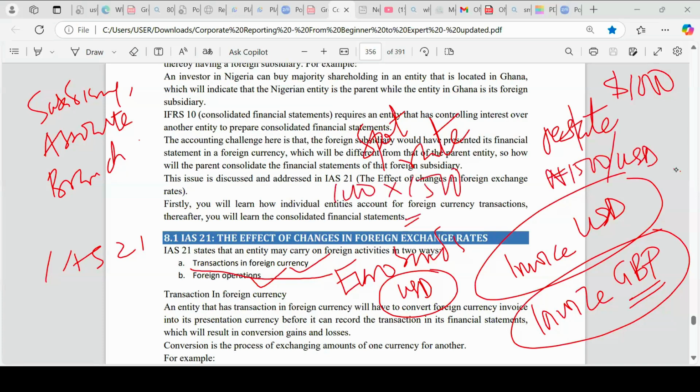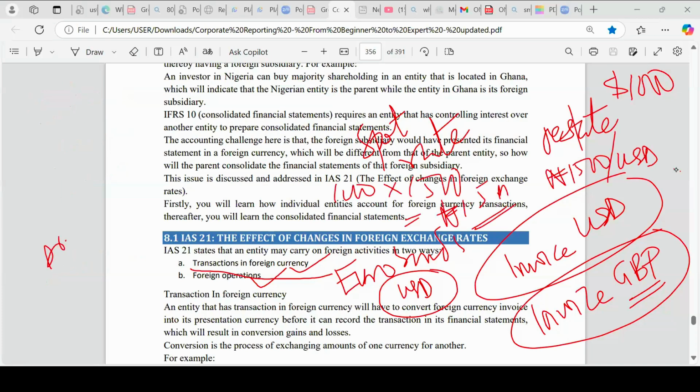Therefore, I am going to recognize a payable at 1.5 million naira today. My simple double entry will be to debit purchases and then credit payables, 1.5 million naira. Why? Because I am going to report my financial statement in Naira.